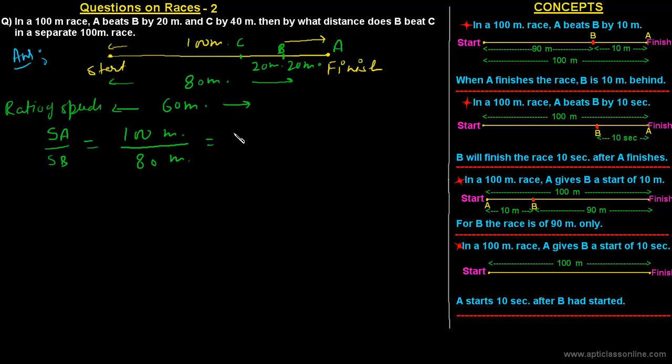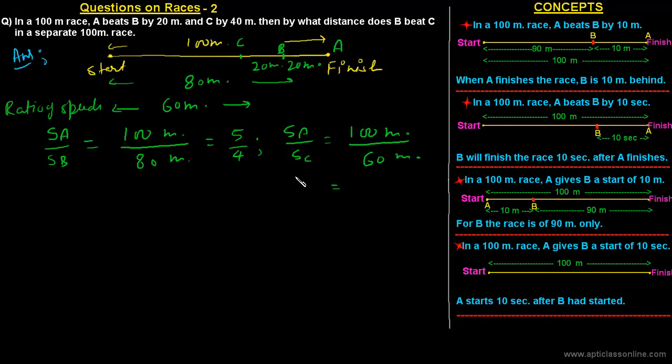With that, the ratio becomes 5 by 4. In the same manner, SA by SC, that means speed of A to the speed of C: when A has traveled 100 meter, C has traveled 60 meter because C is 40 meter behind.